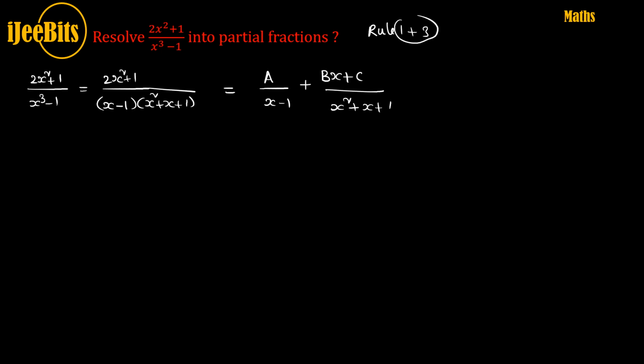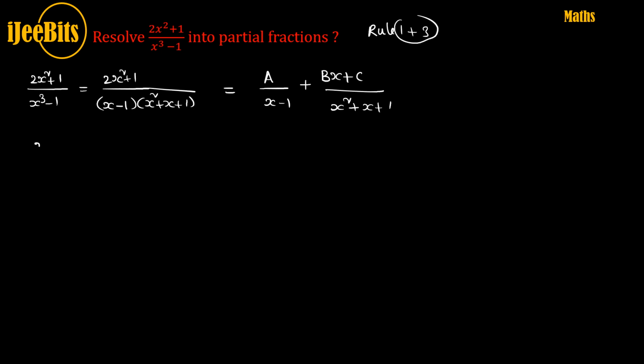First we have to identify whether it needs rule number 1, rule number 2, or rule number 3, either one of them, to split the given fraction into partial fractions. I hope this concept is clear. The rest is simple. Now let's take only the numerator. Your LCM is the same, so you cross multiply and equate the LHS and RHS numerators.